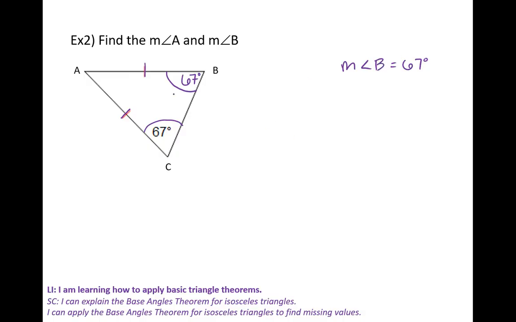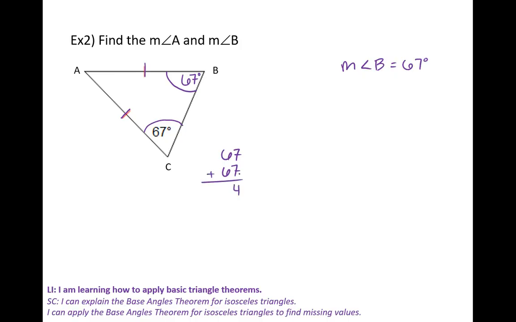There we go. And then to find the measure of angle A, we should know something we learned earlier in the week called the triangle sum theorem. We know that all the angles of a triangle add up to 180, and so to figure out that missing angle, I can do 67 plus 67. Since those happen to be the same, you could actually multiply it by 2, but I'm going to do plus.